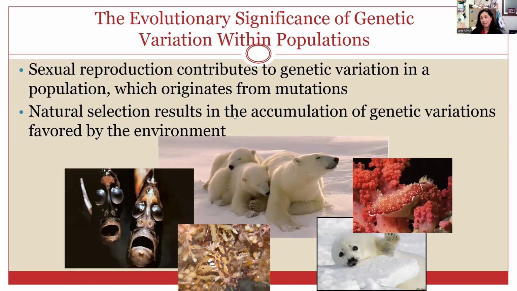All of these weird traits that match their environment, or that seem so bizarre to us, fit for some unique purpose and worked. The traits that didn't work got weeded out. And so that's natural selection. It results in the accumulation of genetic variations fit for that environment. And in another environment, they may not work, and oftentimes they do not.